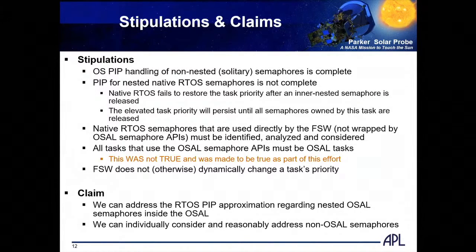There were a couple other constraints that we needed to make sure were true: that all tasks that use OSAL semaphores shall be OSAL tasks. That was not true at the beginning of this, and that's actually some feedback to the OSAL developers at Goddard. I think that should be enforced. If you're using OSAL semaphores, it should be an OSAL task.